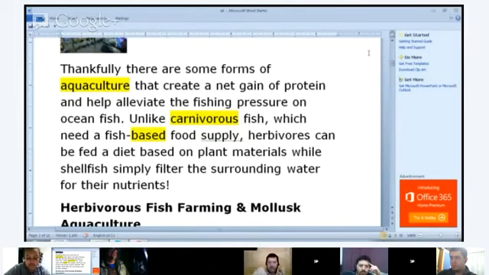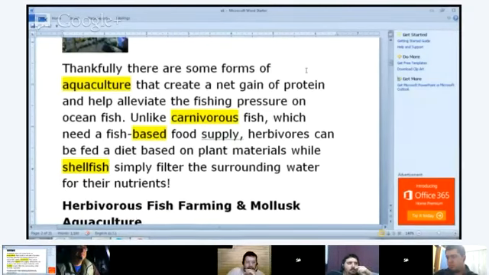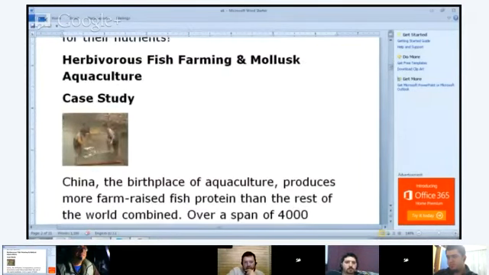And of course, shellfish, which filter plants from the surrounding water for their nutrients. And so there's a big difference in these two industries. One really has a negative impact, and the other, farming herbivorous species, has a positive impact.